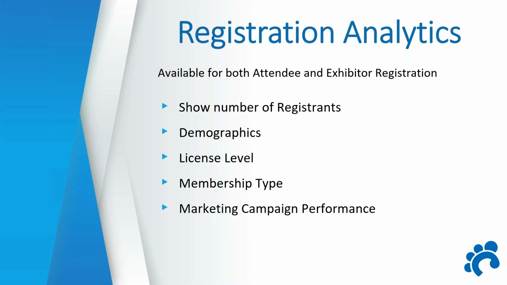As well, we have the prospect system within Conference Tracker so that you can send email notifications to your prospective attendees or exhibitors from maybe last year's event. And in these registration analytics, you can really see the marketing campaign performance and how those emails performed with the people that you're sending them to.